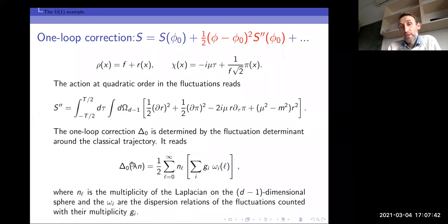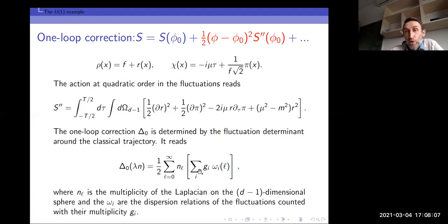You can show that this energy, or scaling dimension delta 0, the NLO energy, can be written in this form, where N_L is the multiplicity of the Laplacian on the d-1 dimensional sphere, and omega_i are the dispersion relations of the fluctuations, which you'll see in a moment. Each fluctuation is counted with its multiplicity g_i.